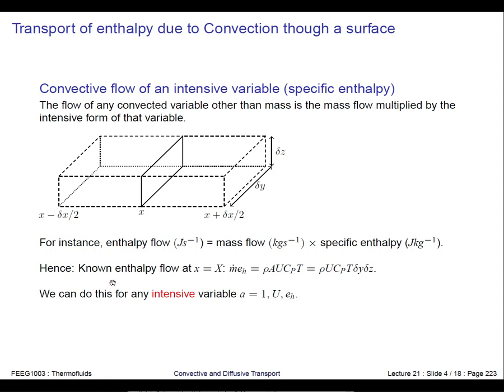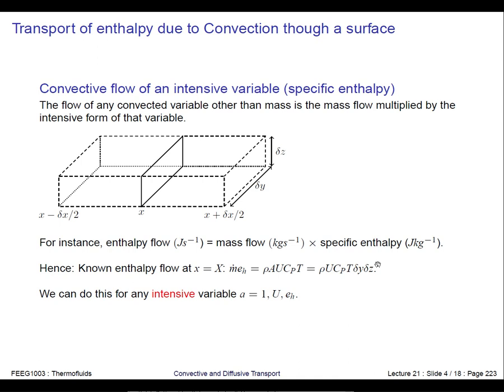So this is quite easy to work out the enthalpy flow. We just take the mass flow and multiply that by the specific enthalpy, and we know the mass flow, m dot, is rho, A, and u, and then we've got the enthalpy here. So the area we can see is dy in this direction and dz in this direction.